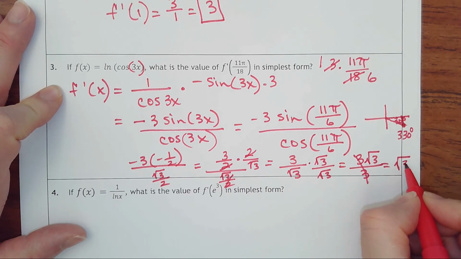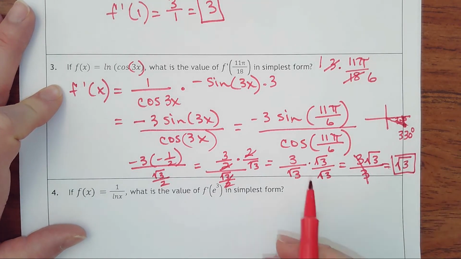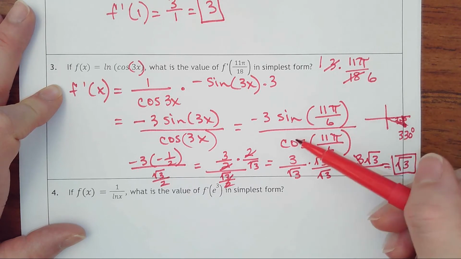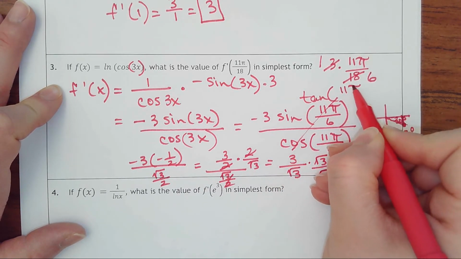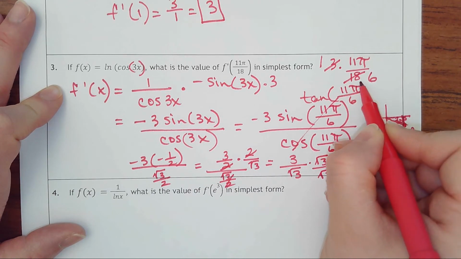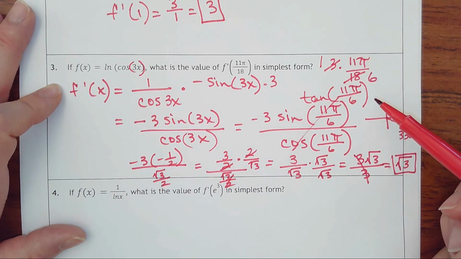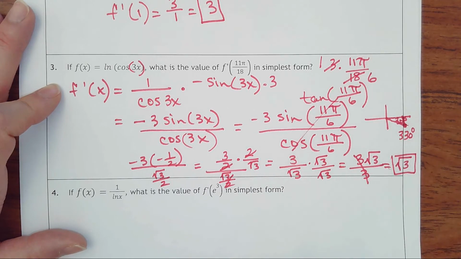So you get square root of 3. I guess what we really could have done is said this is sine over cosine and called this tangent at 11 pi over 6, and that could have also gotten us our answer.